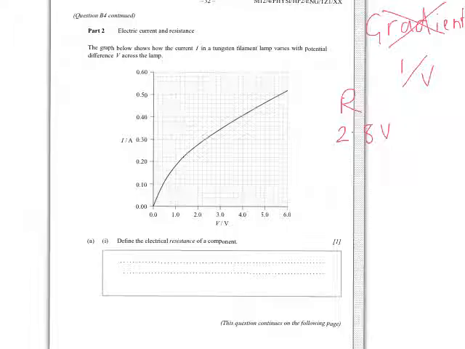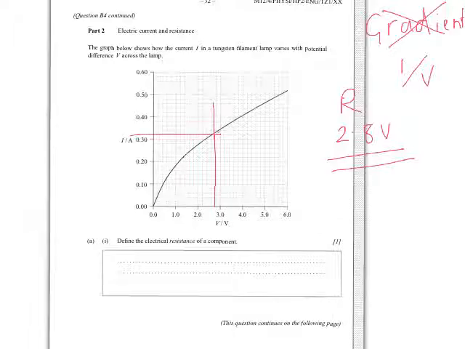So, if we know that the voltage is 2.8, you find 2.8 on here, which I'm going to do rather badly because it's difficult to draw, and then you read the point here.